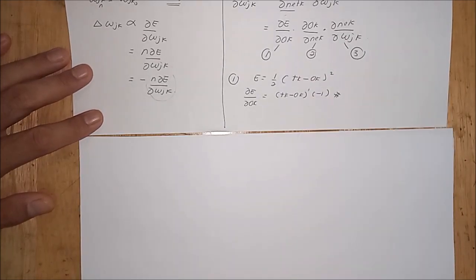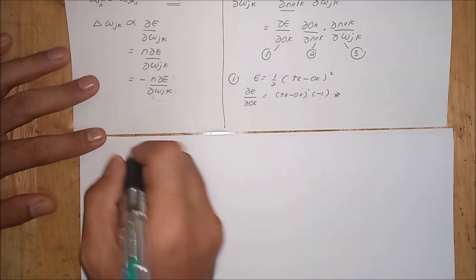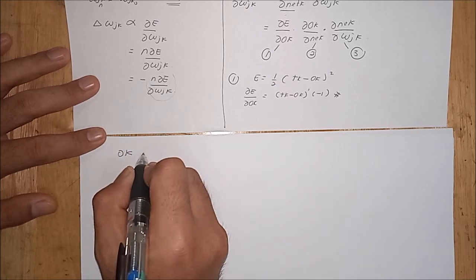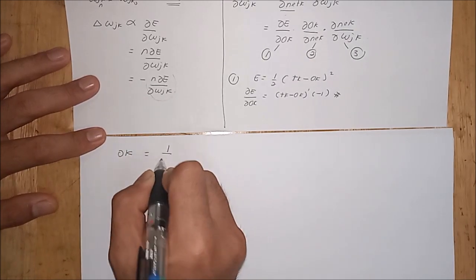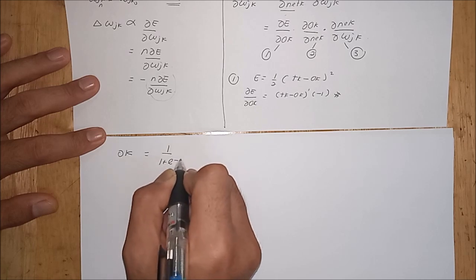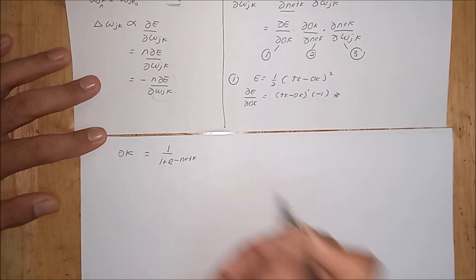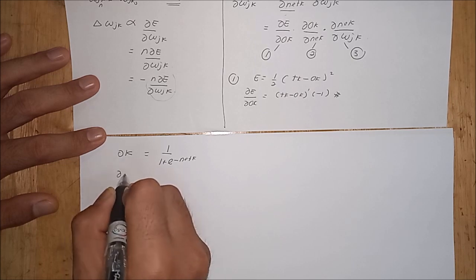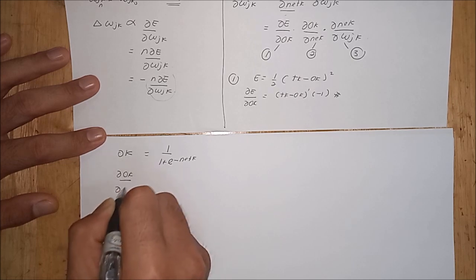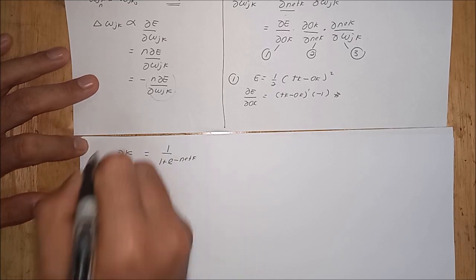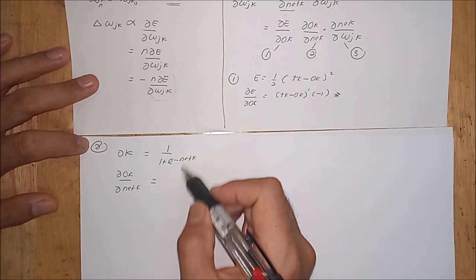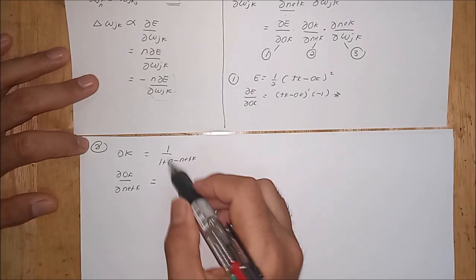For the second part, ok is actually 1 over 1 plus e to the minus net k. So dok over d net k, this is the second part, will be equal to, you need to differentiate this equation.